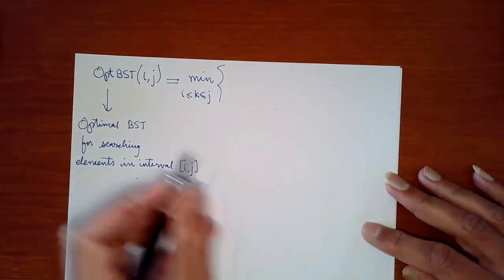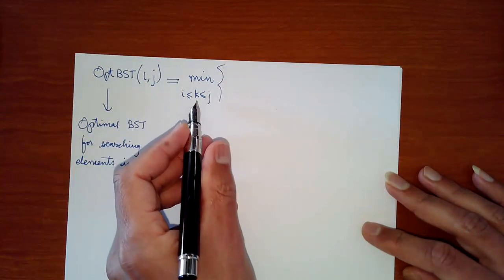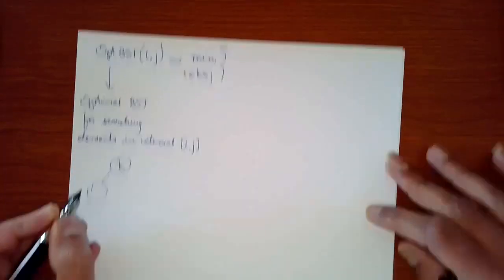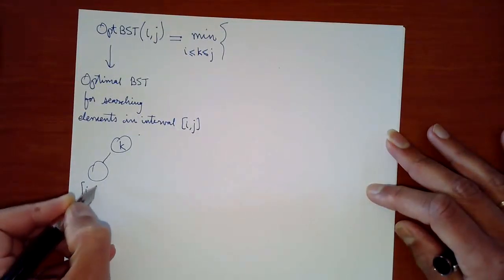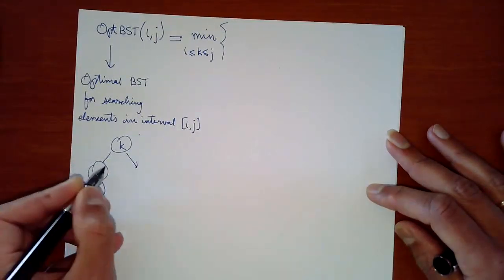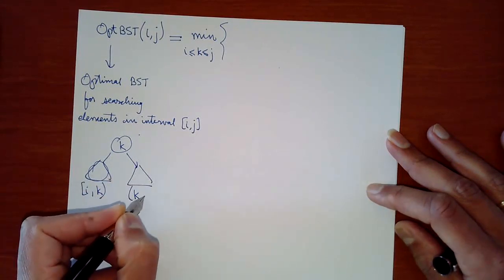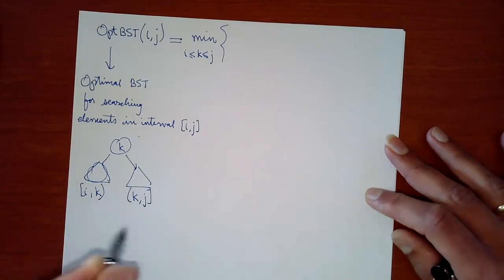And what is that long expression? First I look up the time for searching the root. So the root is k, and this is everything in i to k, and this is the tree for everything from k plus 1 to j.